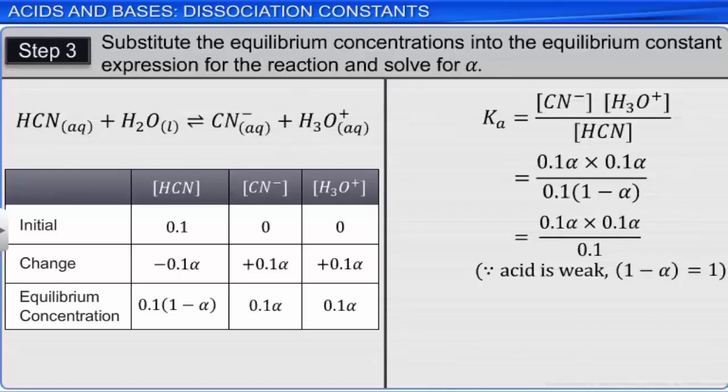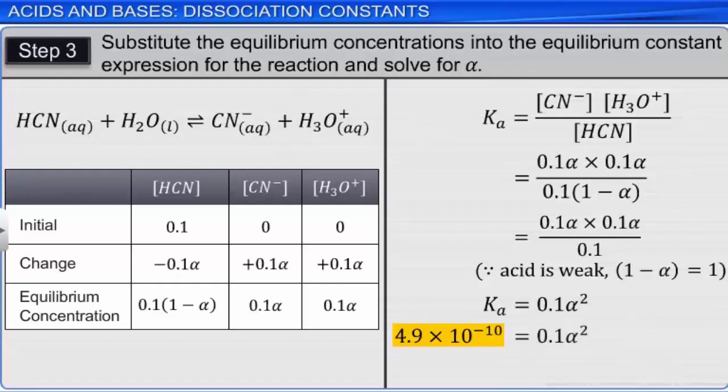Thus, Ka becomes equal to 0.1 alpha squared. As the value of Ka for hydrocyanic acid is given as 4.9 multiplied by 10 raised to the power minus 10, we can write 4.9 multiplied by 10 raised to the power minus 10 is equal to 0.1 alpha squared.